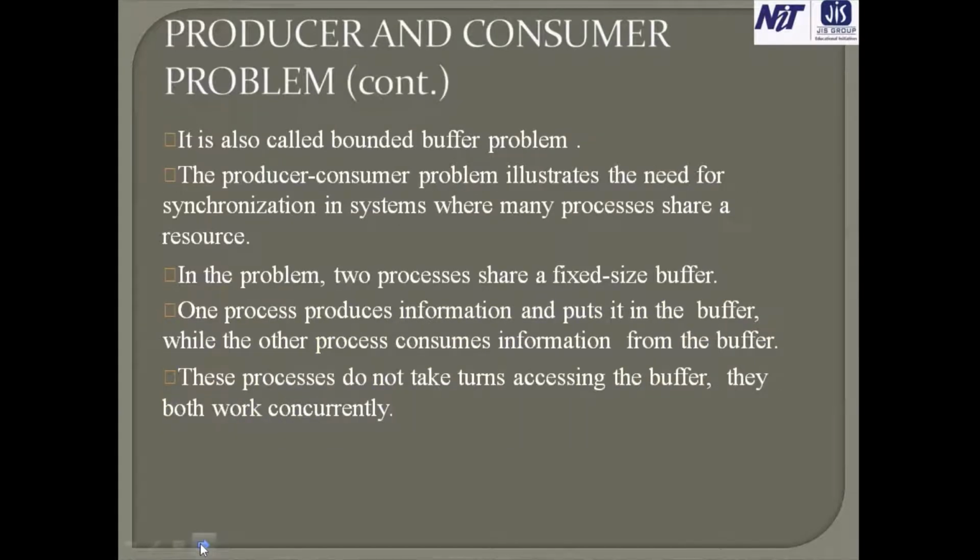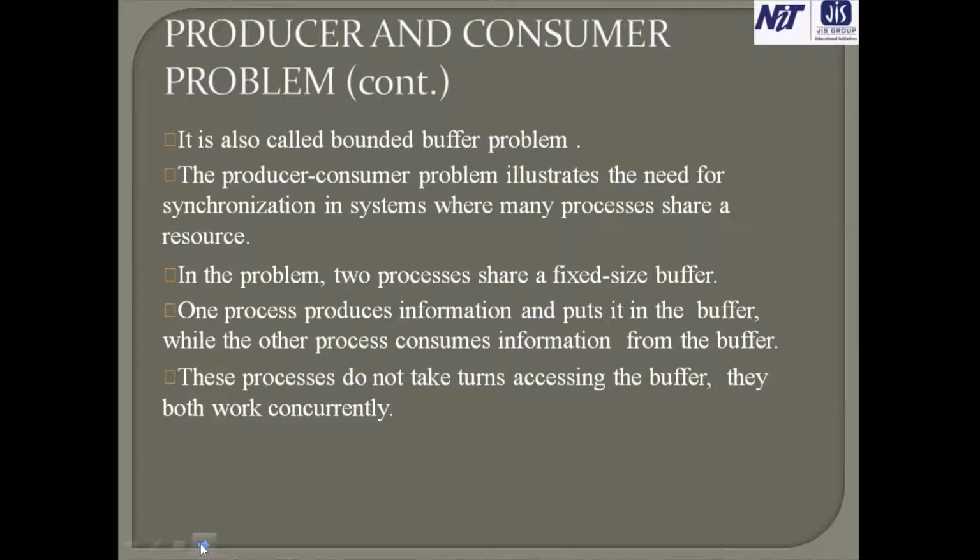It is also called the bounded buffer problem. The producer consumer problem illustrates the need for synchronization in a system where many processes share the same resources. In the producer consumer problem, two processes share a fixed size buffer.